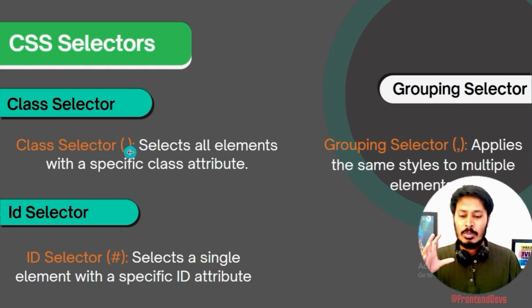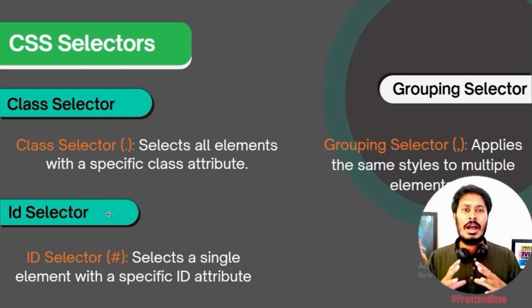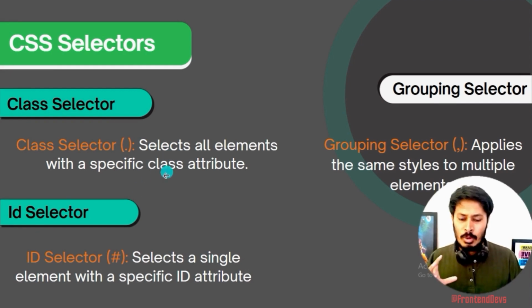And the class attribute can be accessed by using the dot operator in CSS. Then we have an ID selector. Generally, we use ID selector to apply the CSS on a single element itself. ID is basically used to uniquely identify the element on your document or web page. When we want to apply the styling with ID, we need to use the hash operator.